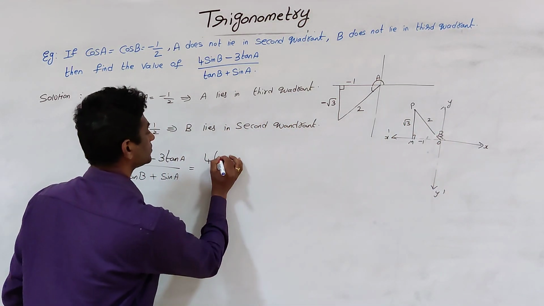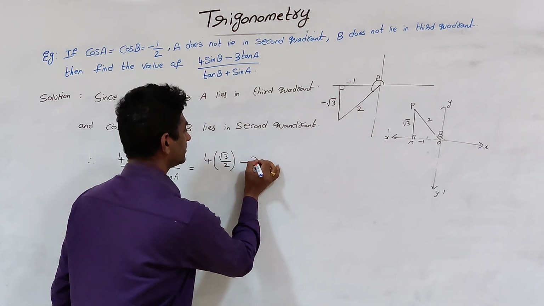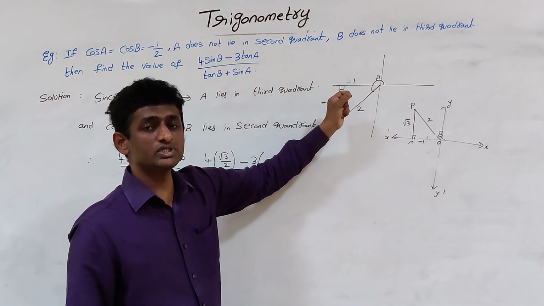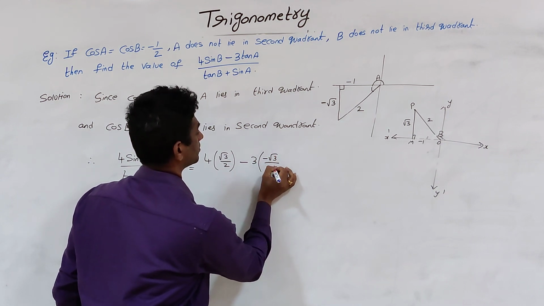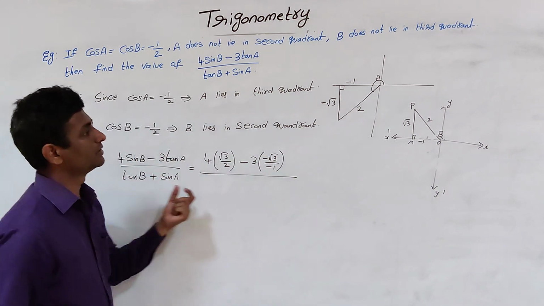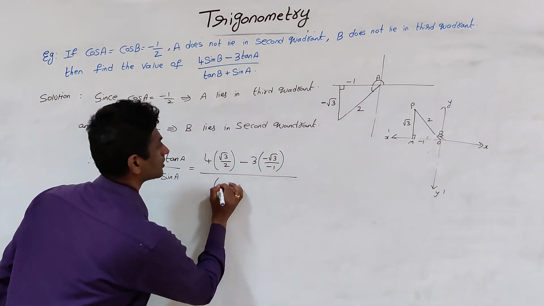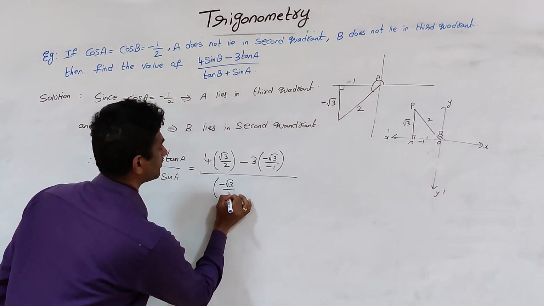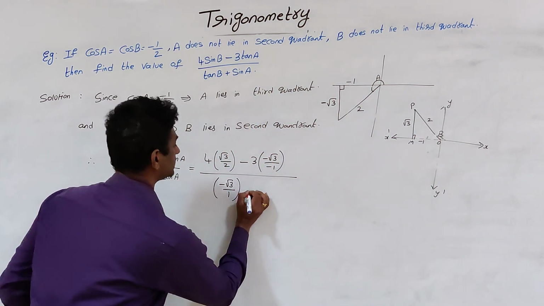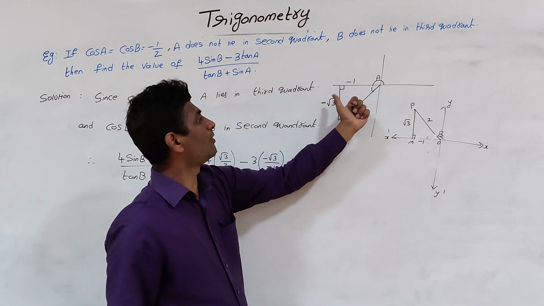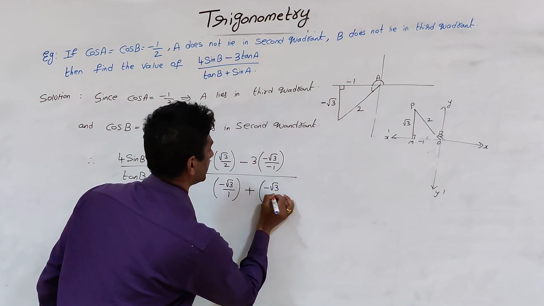So that will be 4 times √3/2 minus 3 times tan A. Tan A is opposite side by adjacent side, that is -√3 by -1, upon tan B. Tan B is opposite side by adjacent side, that is √3 by -1, plus sin A. Sin A is opposite side by hypotenuse, that is -√3/2.